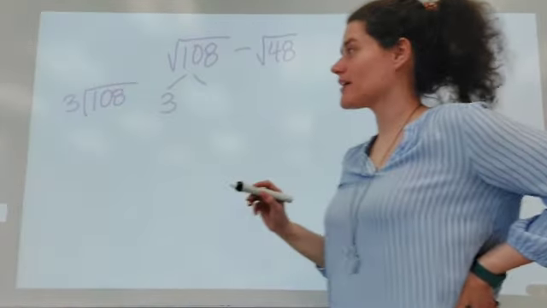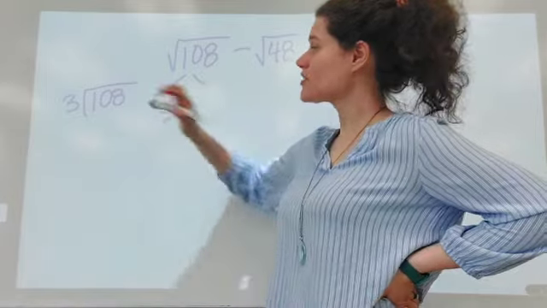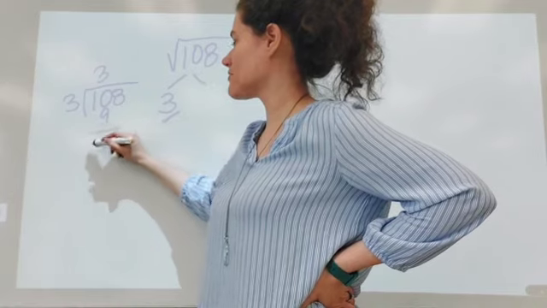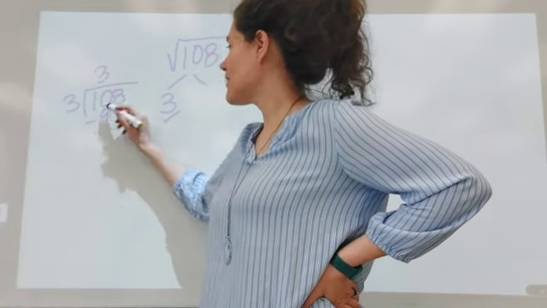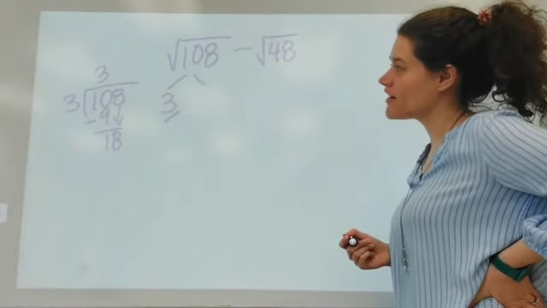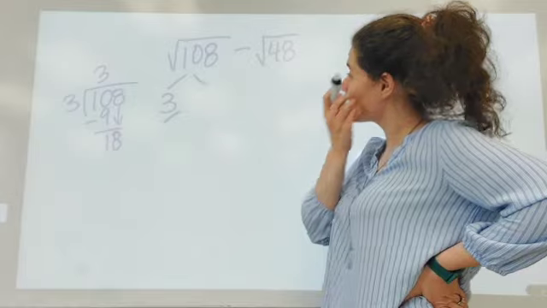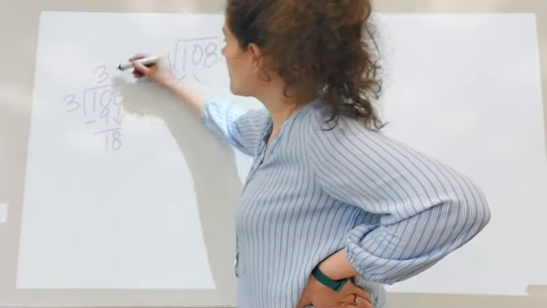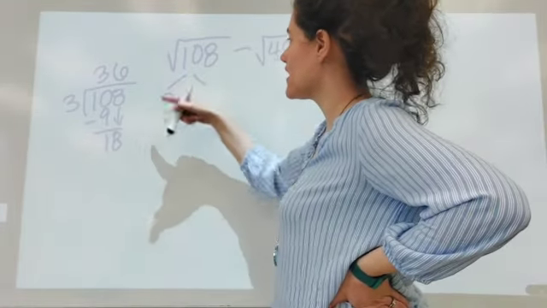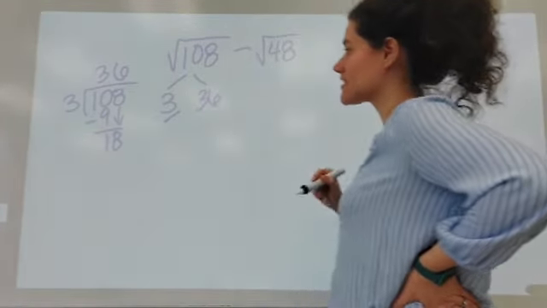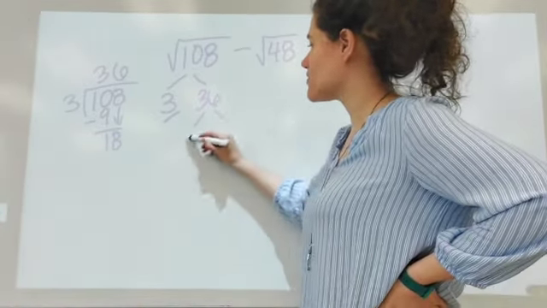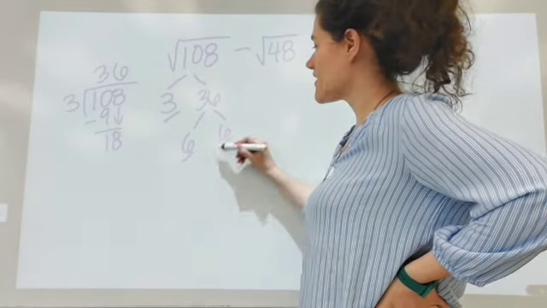So what is 108 divided by 3? 3 goes into 10 3 times, so 10 minus 9 is 1. The 8 drops down, and then 3 goes into 18 6 times. So 3 times 36 equals 108. And then 36 can split into 6 times 6.